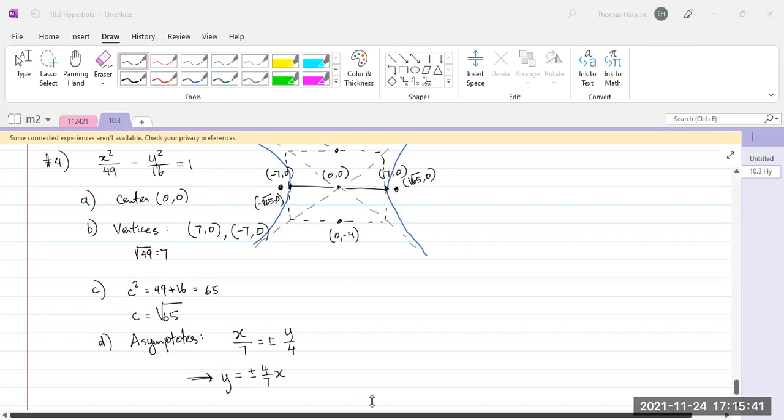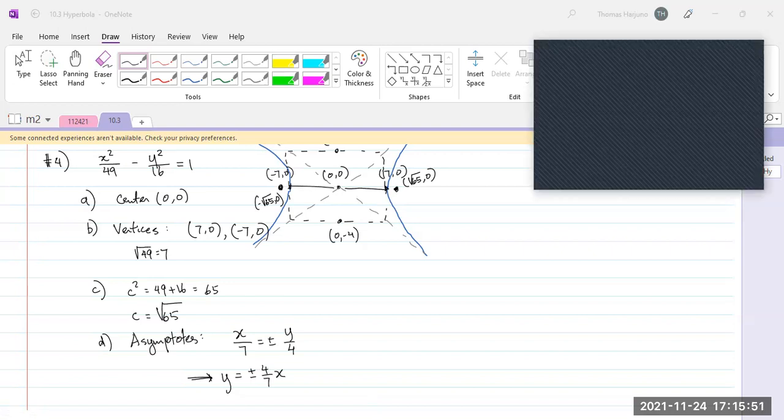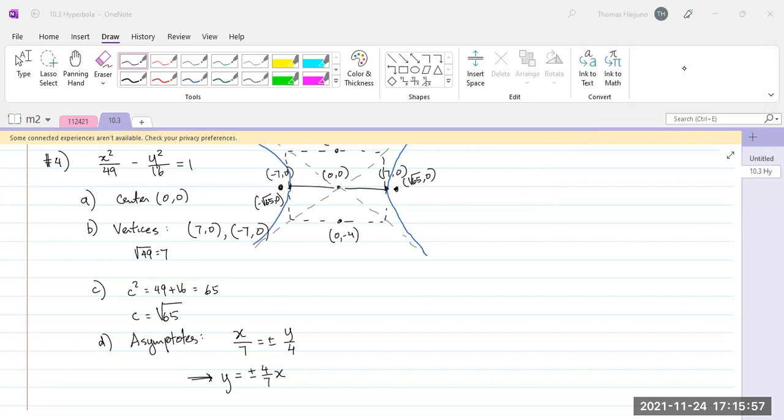Now, let's sketch this in more detail. Let me grab a coordinate system. Give me a second.